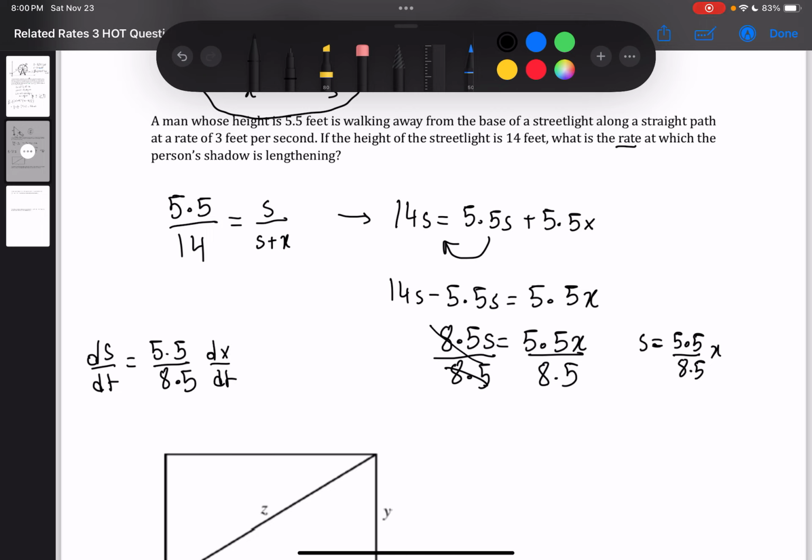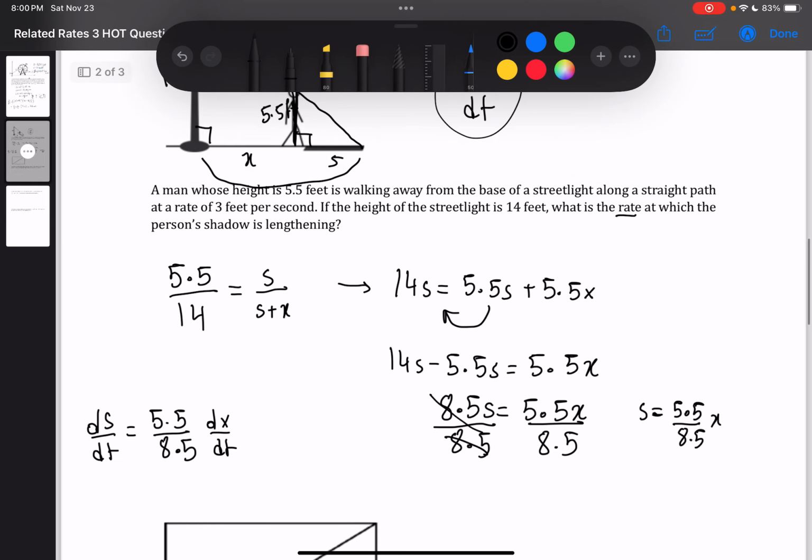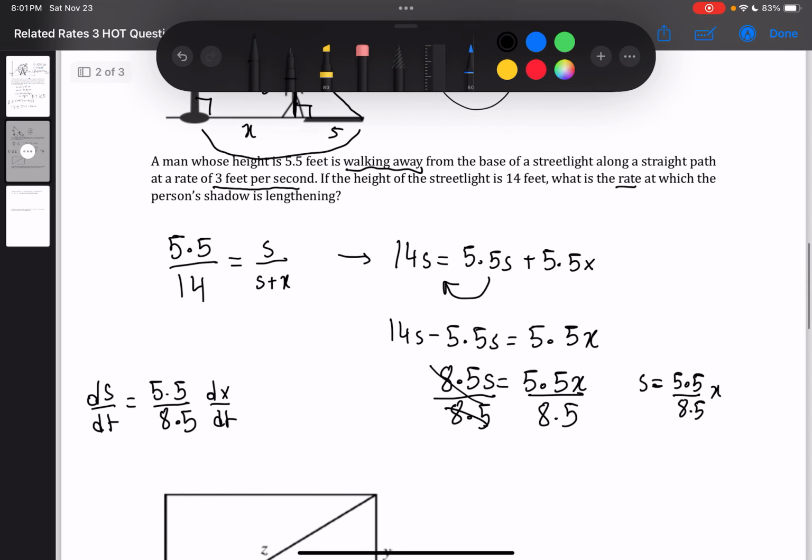But we do have our dx over dt, which is basically 3 feet per second, because they told us that he's walking away from the base of the street light along a straight path at a rate of, say, 3 feet per second. So now instead of the dx over dt, I'm going to change it to 3. So now 5.5 over 8.5 multiplied by 3, which is going to be 0.64 multiplied by 3, and it's going to give me 1.94 feet per second.